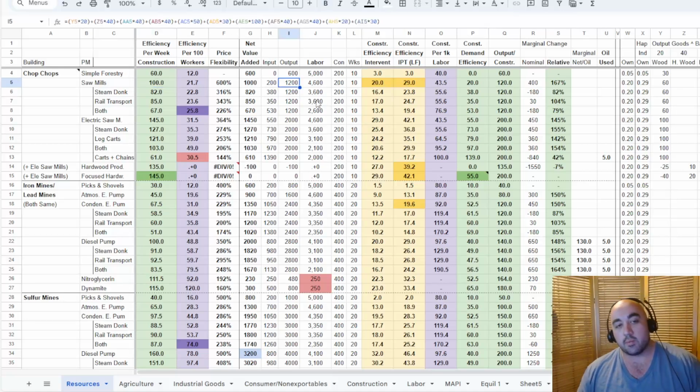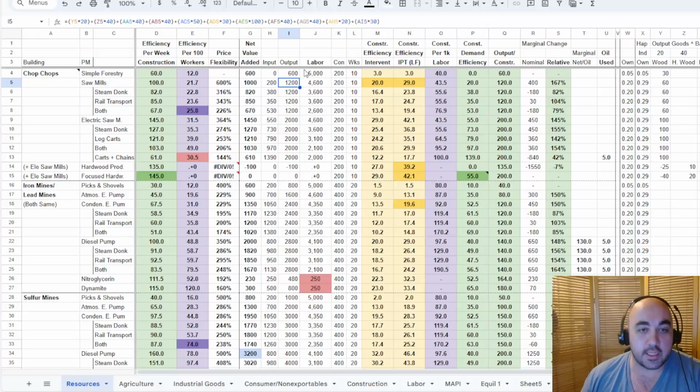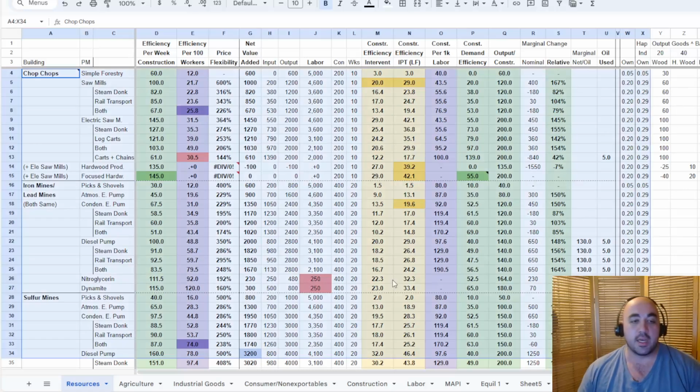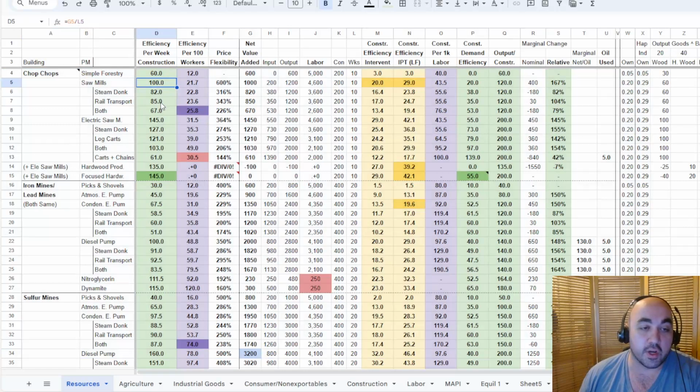A price equilibrium is a situation where you are indifferent to what you build based on the price of the goods. All of these goods in this section of the spreadsheet are calculated based on base price. So when we say a PM is really good, we're saying that it's really good if the good is at base price.